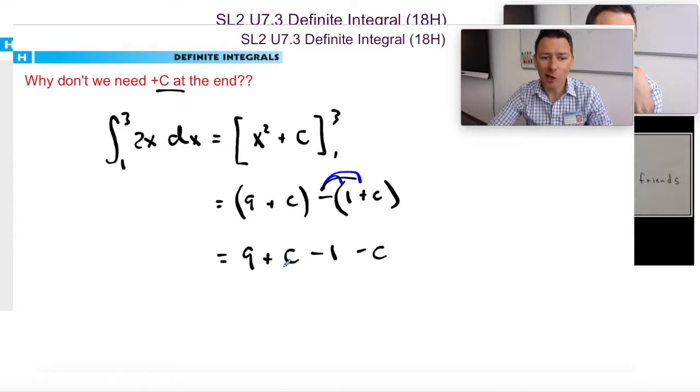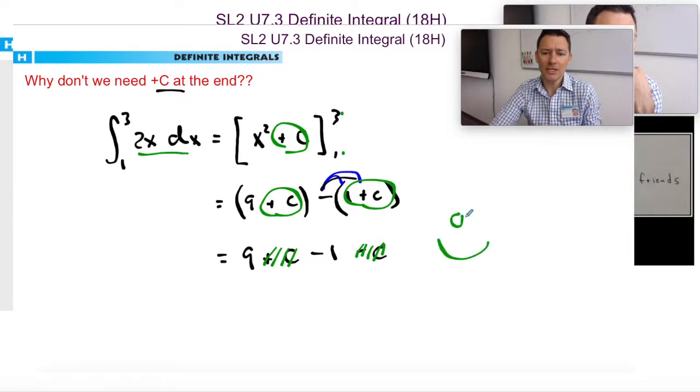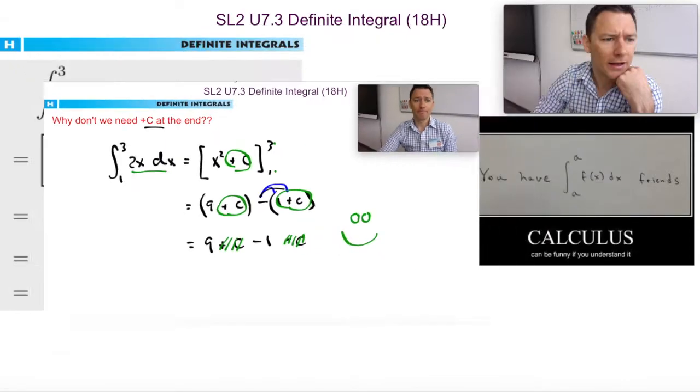And the c's go away regardless of what they are, regardless of what you've integrated. When you put plus c in an indefinite integral, you're subtracting, and by definition you're going to subtract the c's and they're gone, right? So go ahead, put the c in, but it's just a waste of time. Cool? Ching. Now let's get back to it.